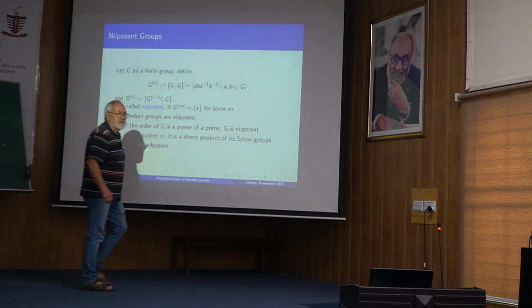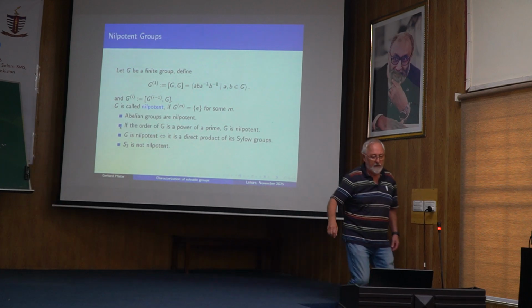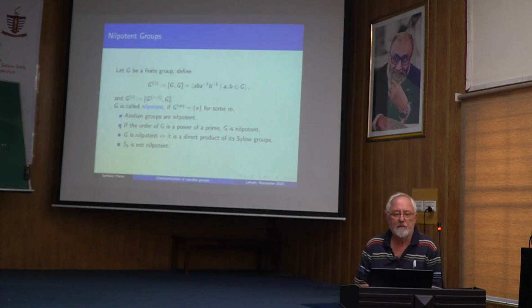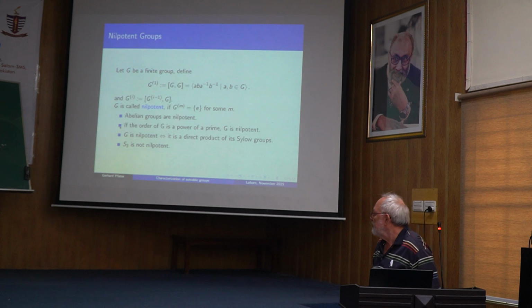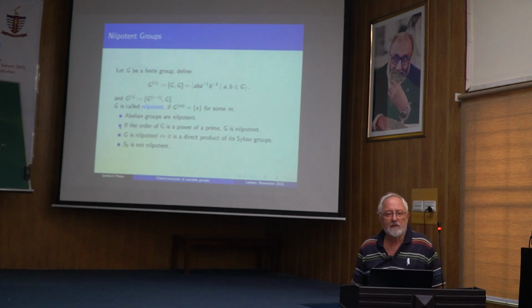These groups always exist, and if the group is a direct product of its Sylow groups, then it is nilpotent. And a group which is not nilpotent is S3, the permutation group of 3 elements.